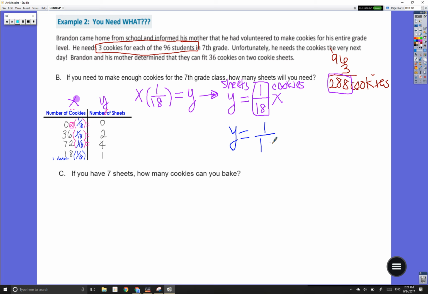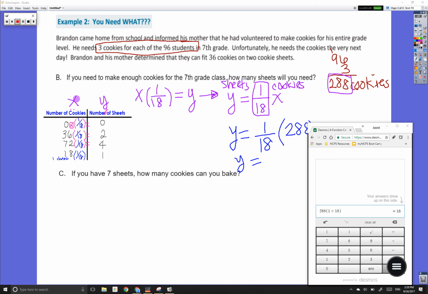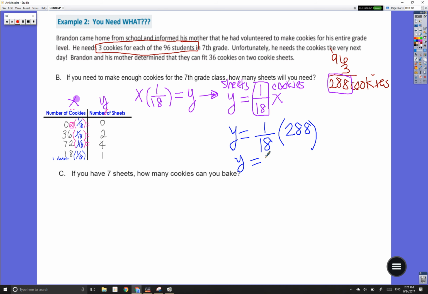I have 1 divided by 18, or 1/18th, and my X is now 288. So all I'm going to do is take 1/18th and multiply it by 288. And so you'll see here that I end up with 16. So this is 16 sheets.